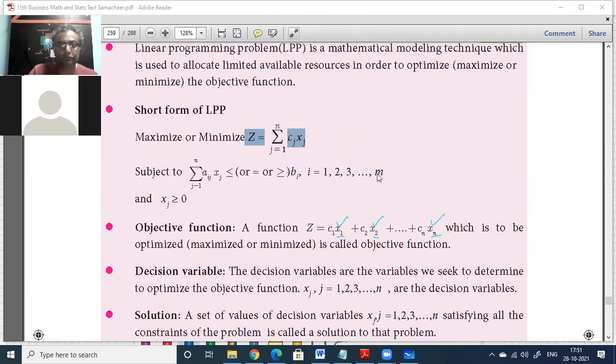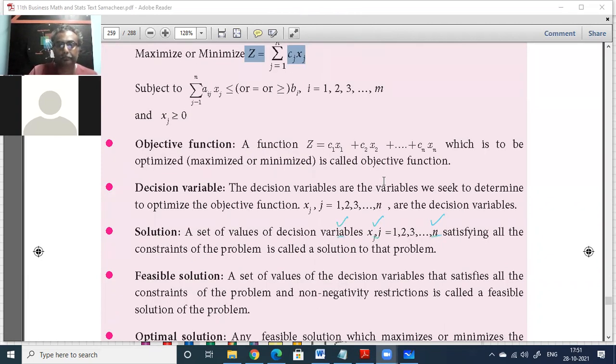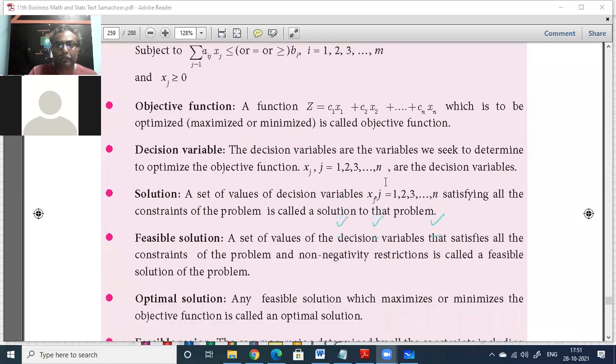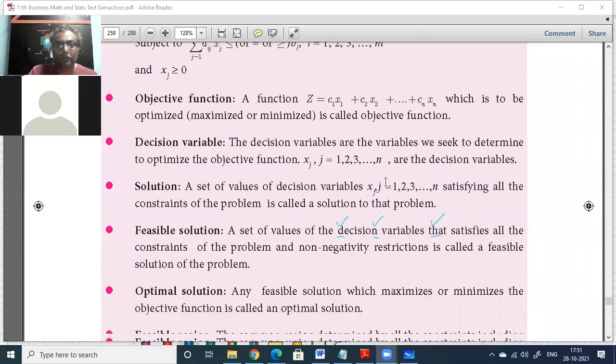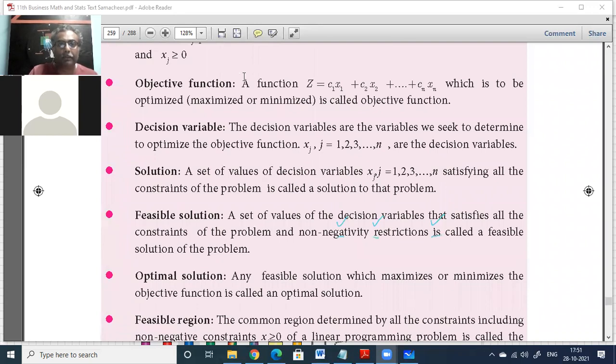Solution. A set of values of the decision variables xj, j equal to 1, 2, 3 and so on, satisfying all the constraints of the problem is called a solution to the problem.